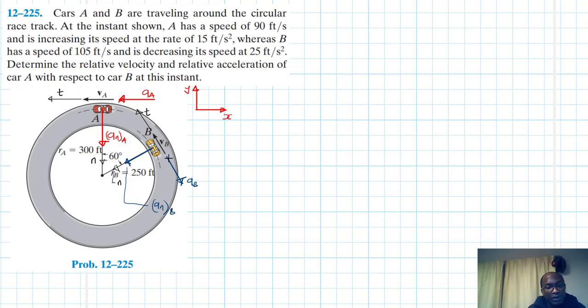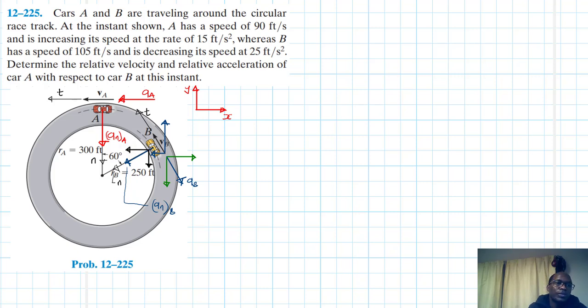Let's write them down: a component there and another one there for velocity, and then components for acceleration there and there.